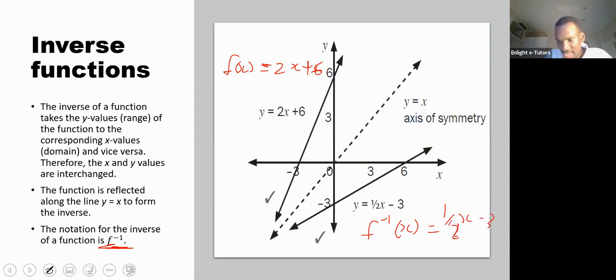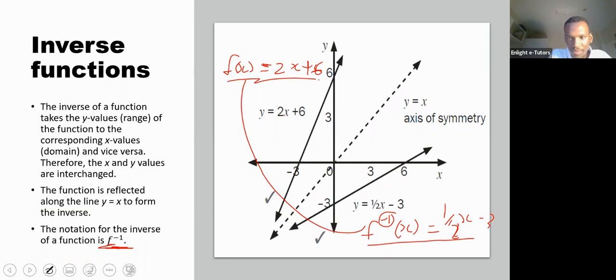This shows that this one is the inverse of this one. Which means you can move from this one to this side, and you can move from this one to that side. That's why I wrote arrows on both sides.